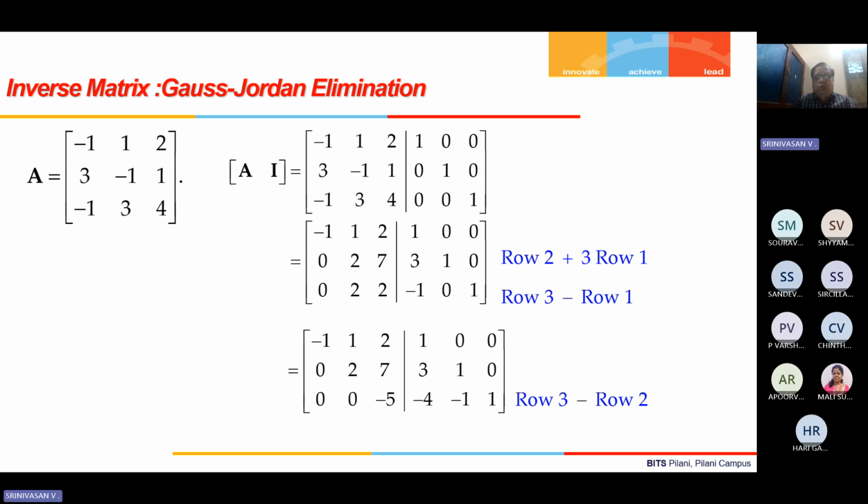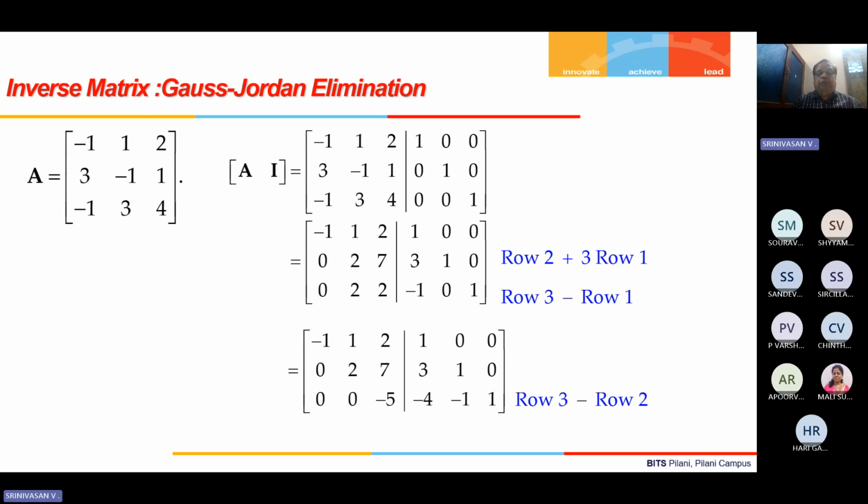Coming to R2, you have 3, and this should become 0. The new second row should have the first column element 0. So how will you get it? Since R1 is fixed, you have to have a correspondence between R2 and R1 from the existing one.